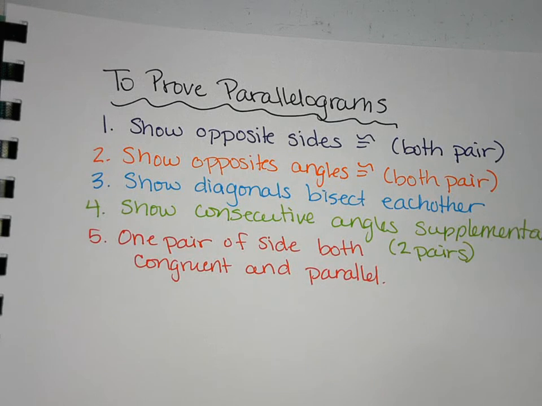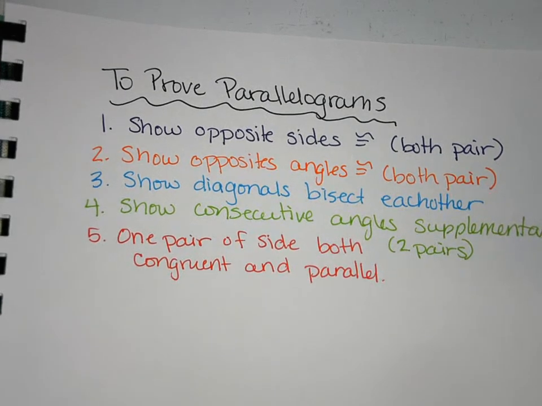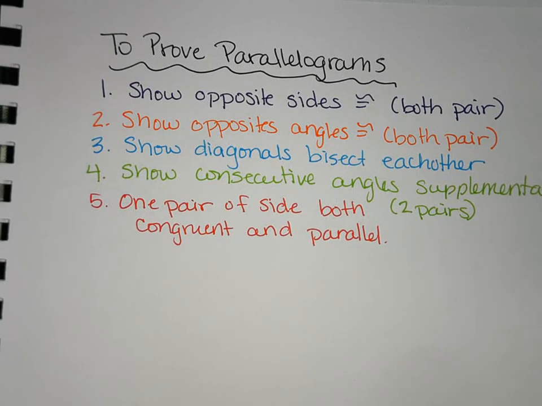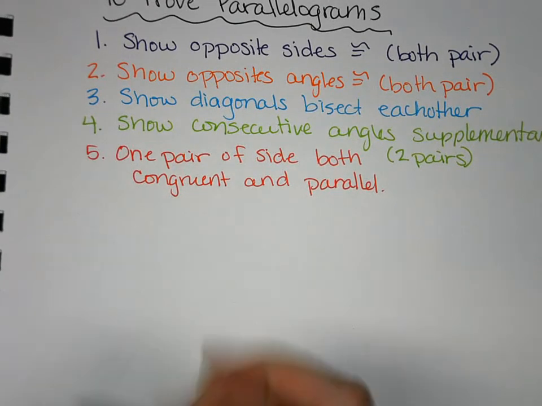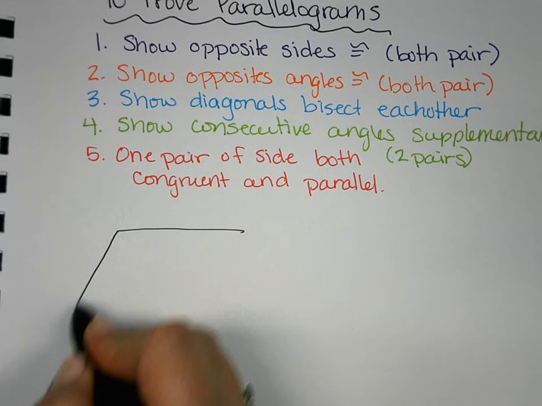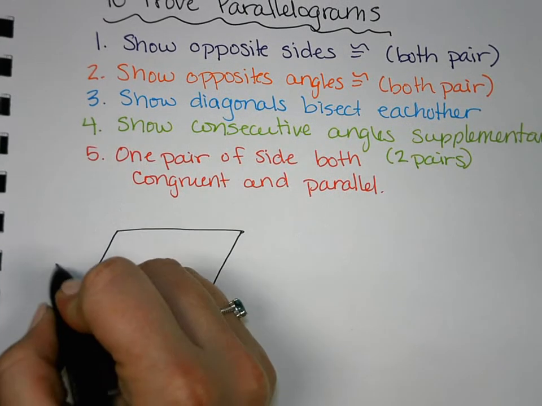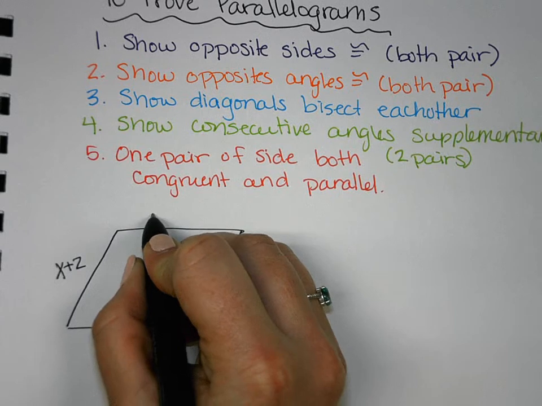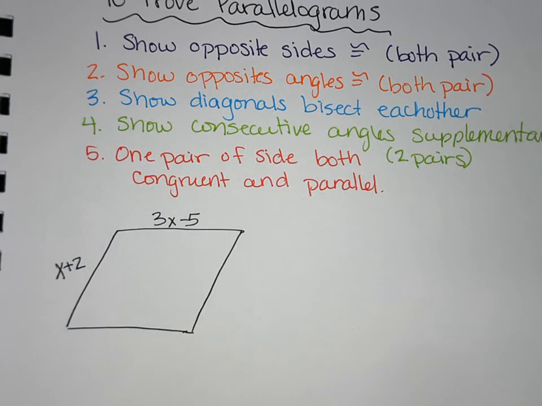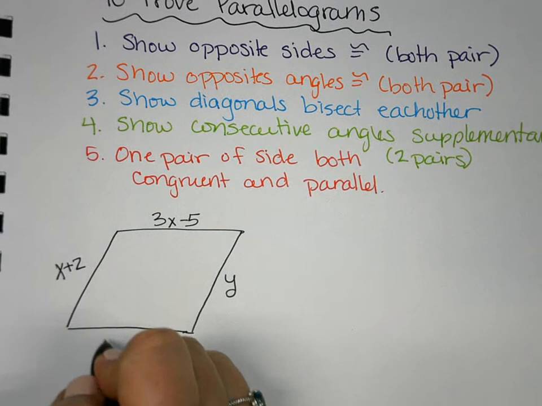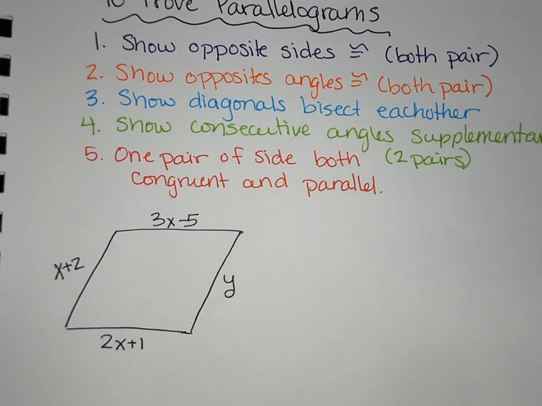I want to do at least one example that looks like 12 through 15. Because 12 through 15 doesn't tell you that you have a parallelogram. It's asking you what values will make it a parallelogram. So when we look at a shape that is a quadrilateral with the potential to be a parallelogram, I want this to be a parallelogram.